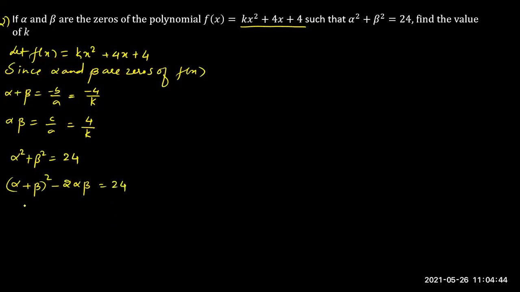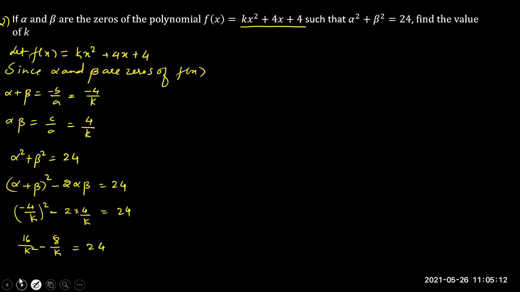So alpha plus beta, that is minus 4 by k whole square, minus 2 alpha beta, that is 2 times 4 by k, is equal to 24. So this is 16 by k square minus 8 by k is equal to 24.